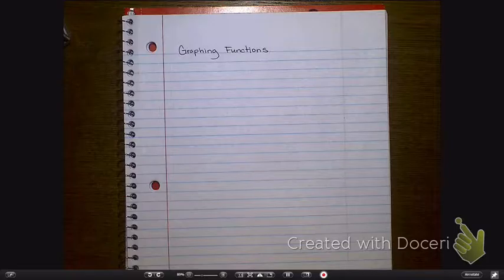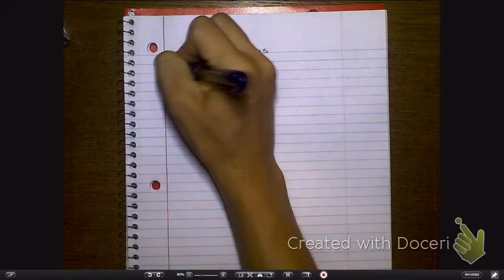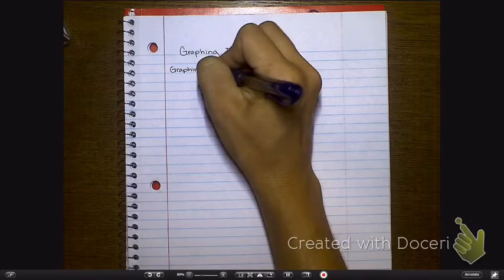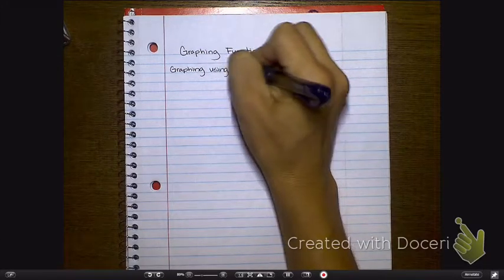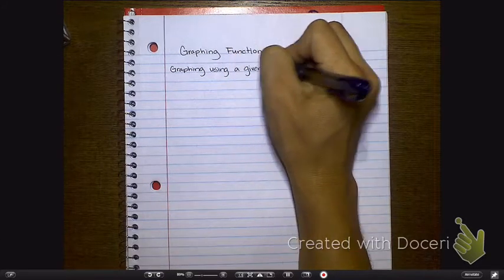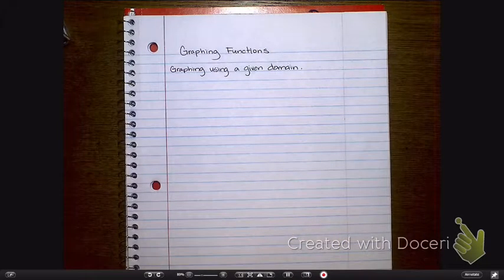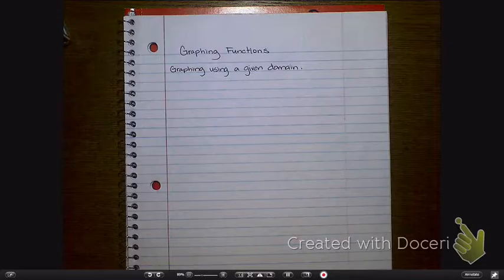All right, so here's what we're going to be doing. One of the things we're going to be doing is graphing using a given domain. So the first example we're doing today is graphing using a given domain. This is when we're given a certain domain, so they've given us a set of values for x.